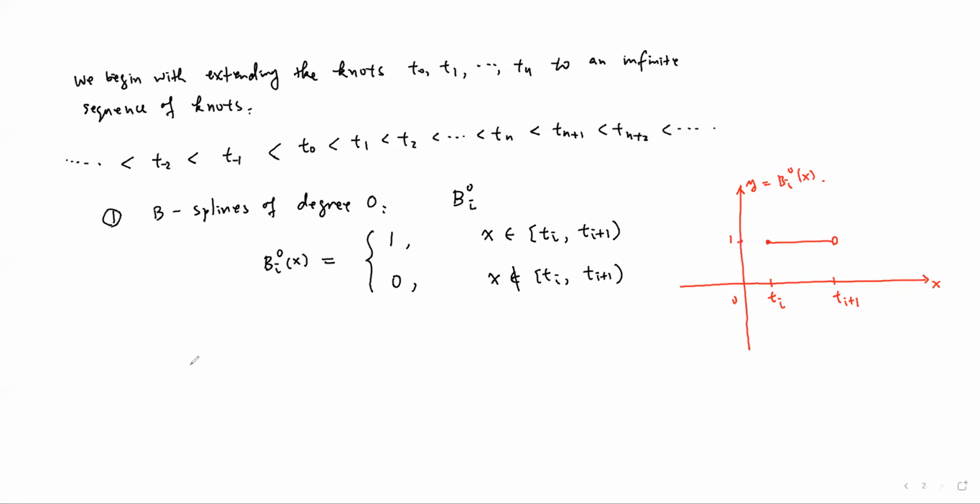As we saw in the last class, B_i0 has some quite obvious properties. Number 1, function values are non-negative for any x. Number 2, the support of this function.